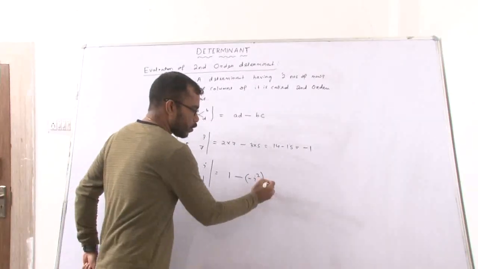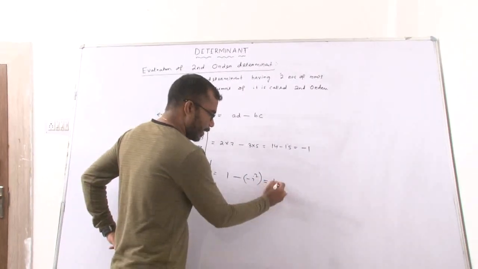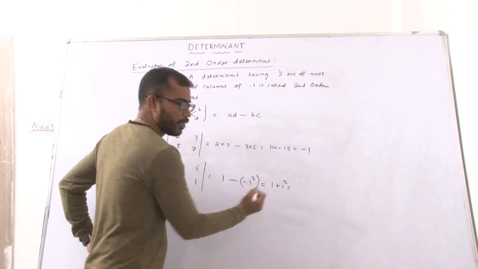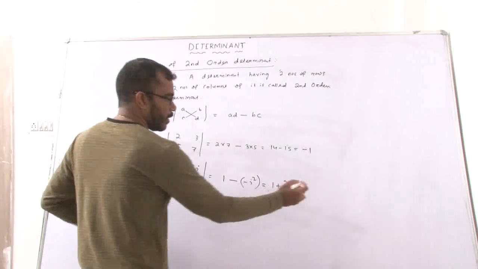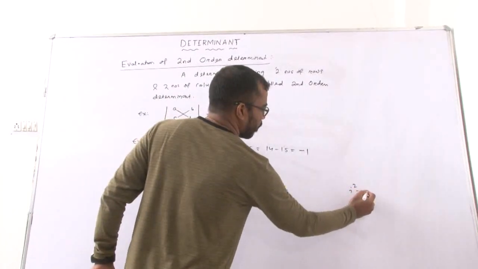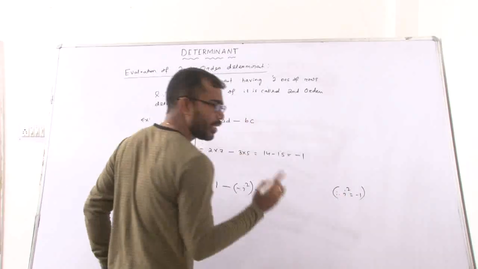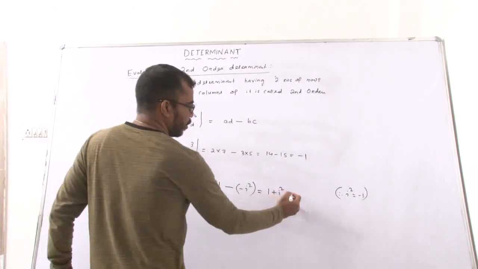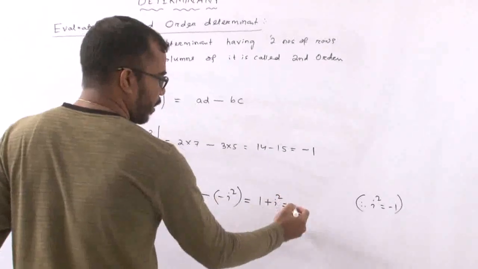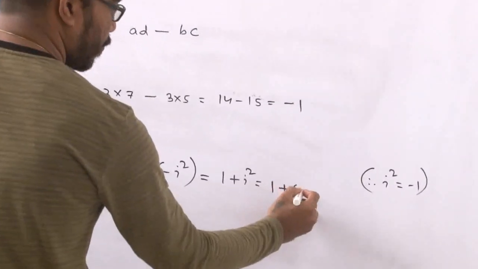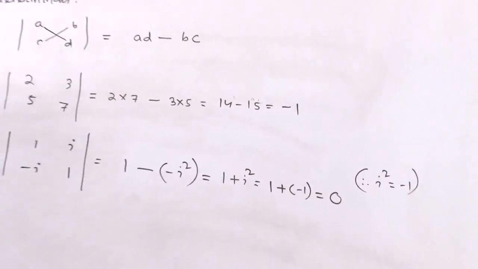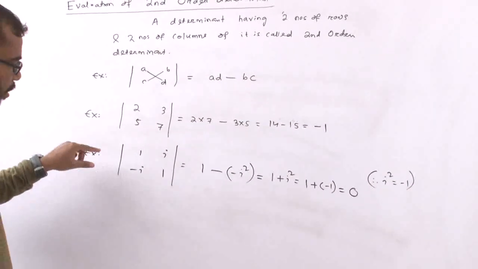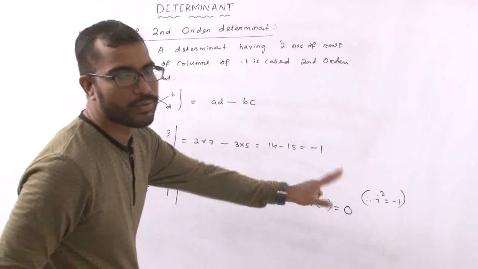So if we solve, we get 1 plus i square. As you know, in first year complex numbers the value of i square is minus 1. So if we put i square equal to minus 1, we get 1 plus of minus 1, that is equal to 0. So the value of this determinant is 0.